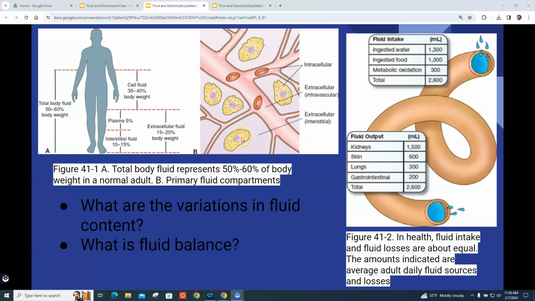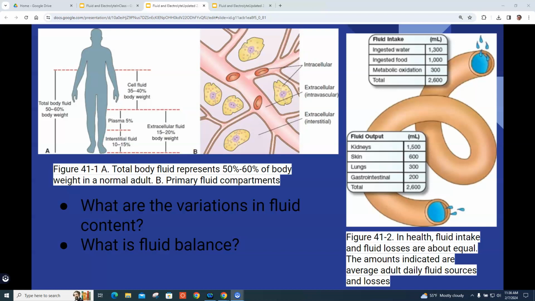Whether it's inside this cell or any kind of cell, it is the fluid found inside of that. Versus your extracellular fluid, which is the fluid found outside of the cells, which accounts for about 30% of the total body of water or about 20% of the adult's weight. So if you look at that, that 20% plus 40% equals 60% of the total body weight. But each compartment has a certain amount.